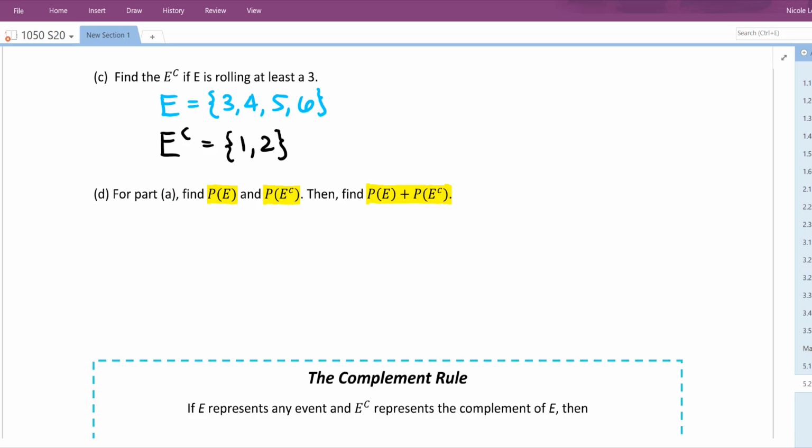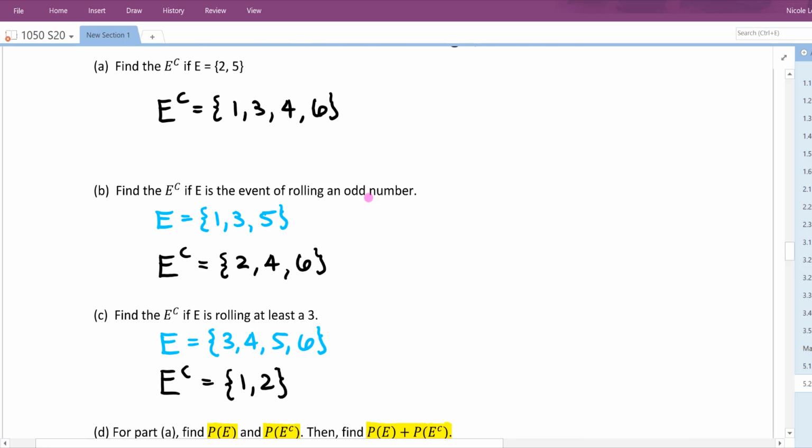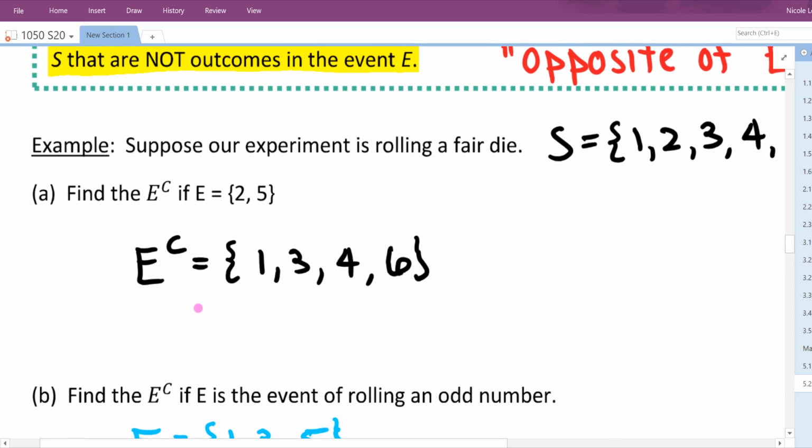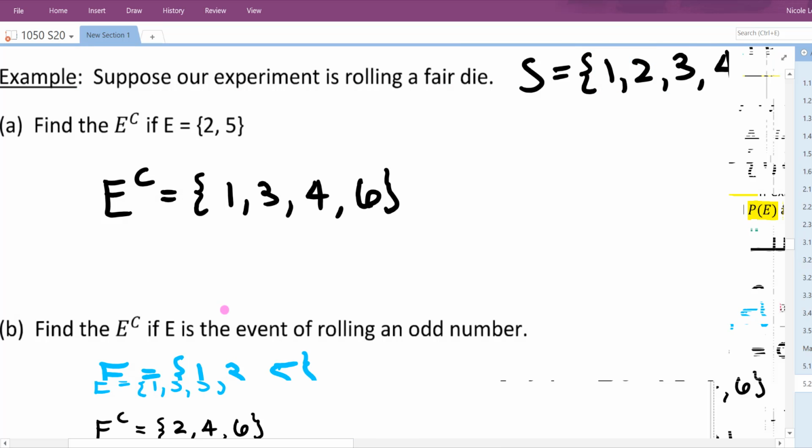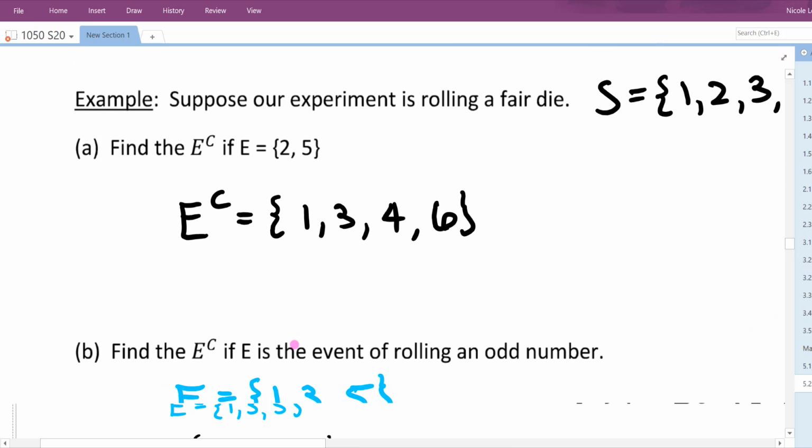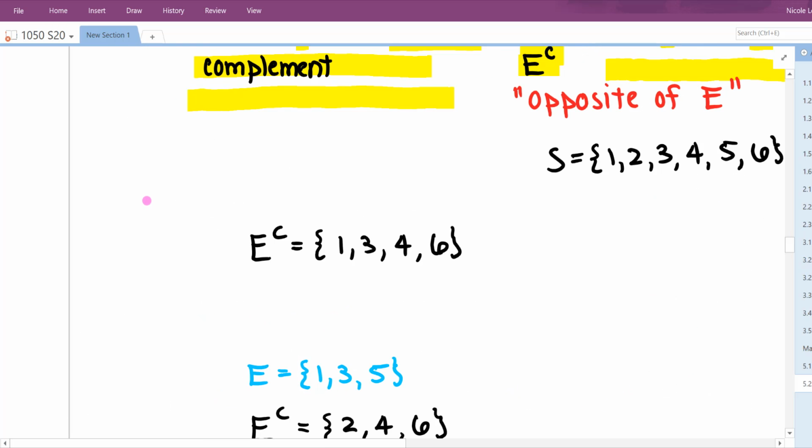So the first thing we want to do is find the probability of E. That means we'll build our fraction, referring back to part A. If I want to find the probability of E, well, in E there's only two outcomes, so that's going to go on top.